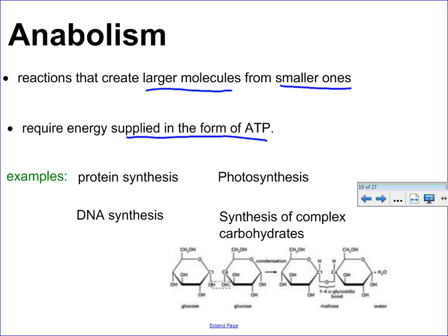Examples of this in a cell would include things like protein synthesis. DNA is made up of a bunch of small molecules being joined together.